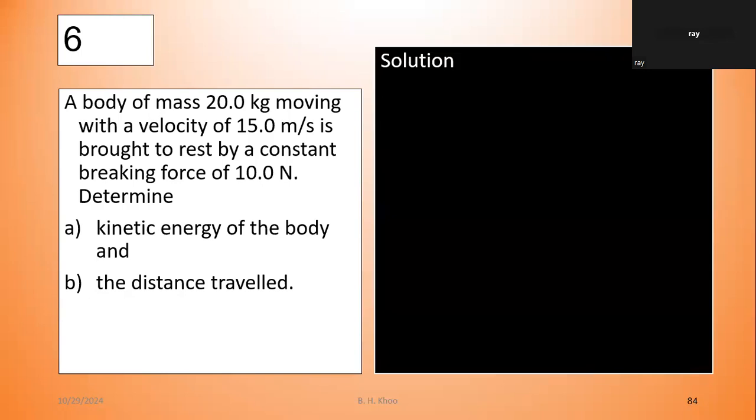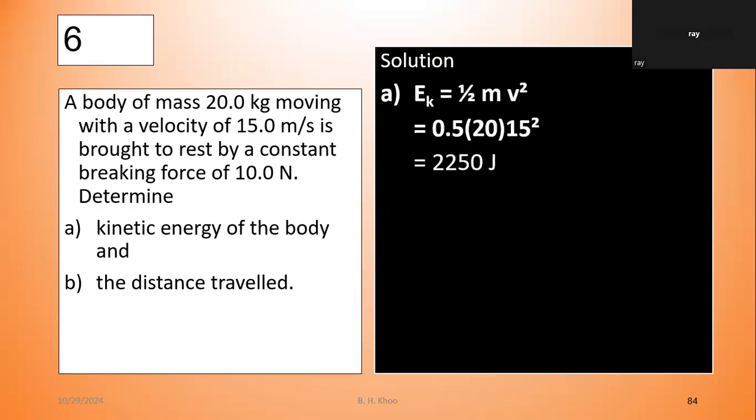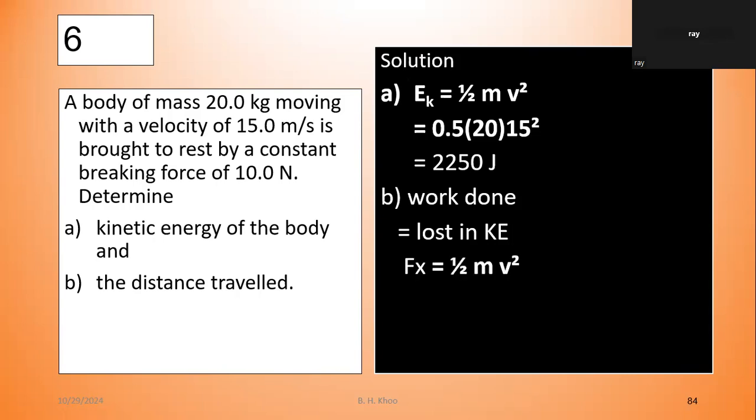We want to make sure you know how to memorize the formula, how to use it, and get the answer. Then how to calculate the distance moved? Write down the equation. Work done equals loss in kinetic energy. Work done is Fs, kinetic energy is half mv squared. So the distance moved is 225 meters.